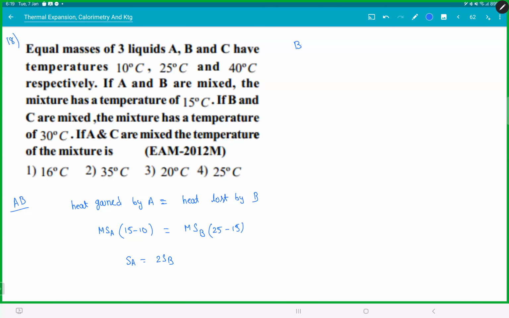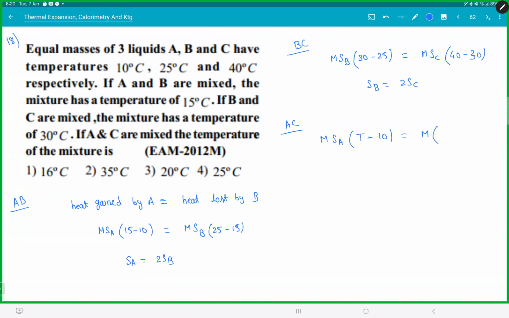Similarly, when you do for B and C, M into SB, the final temperature is 30, M into SC, 40 minus 30. So SB is also 2 times SC. Now when you do for A and C, M into SA, let the final temperature be T, minus temperature of A which is 10.